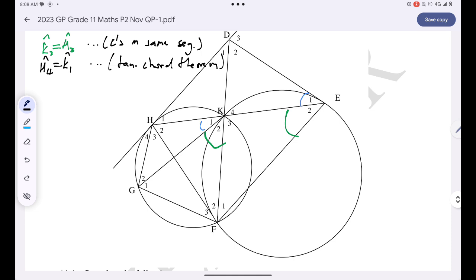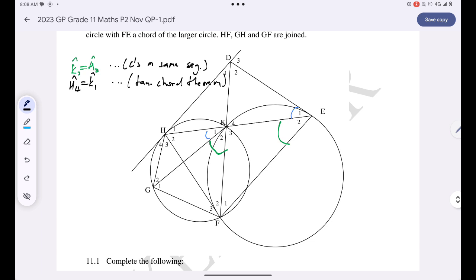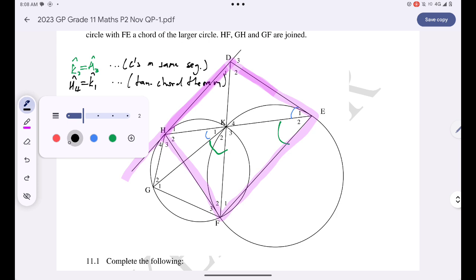So therefore I can conclude that, remember that initially I've just shown that this over here is a cyclic quad. Are you together? So if ever we have a cyclic quad, we can say that the exterior angle is equal to the interior opposite angle.